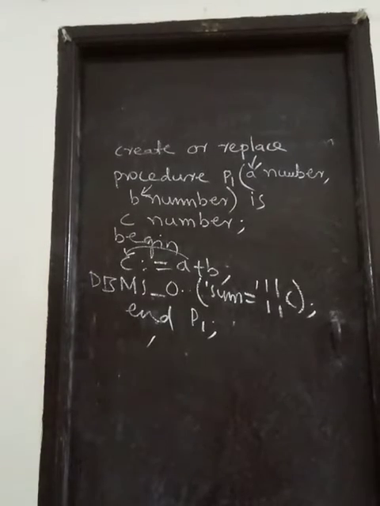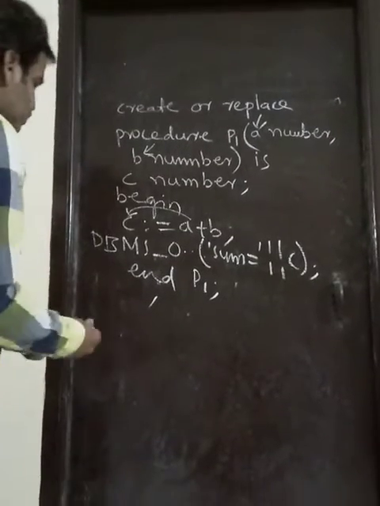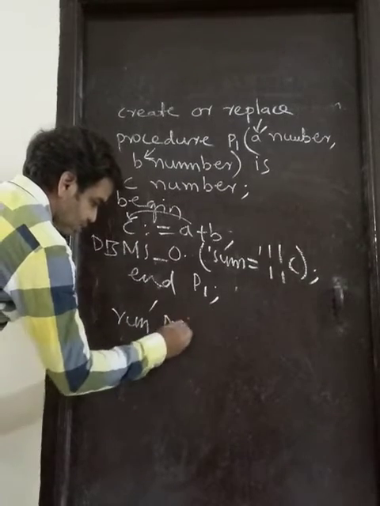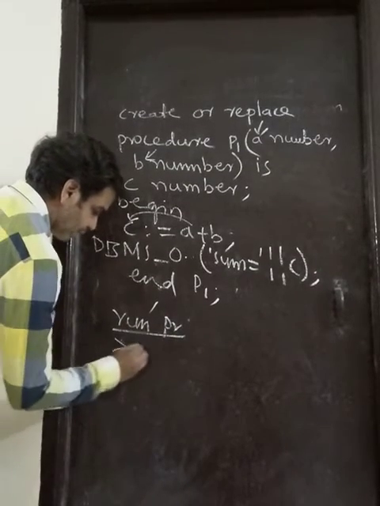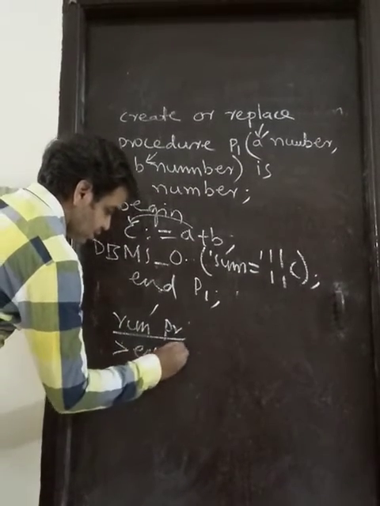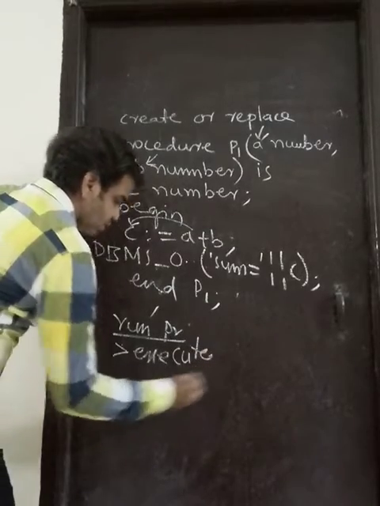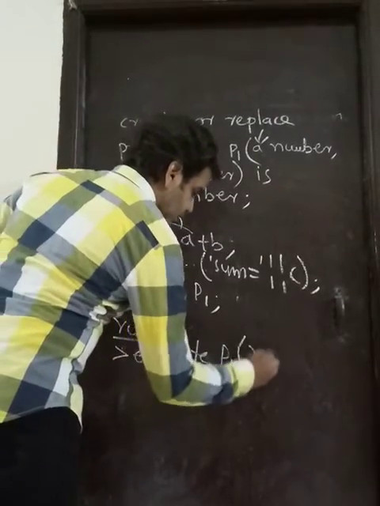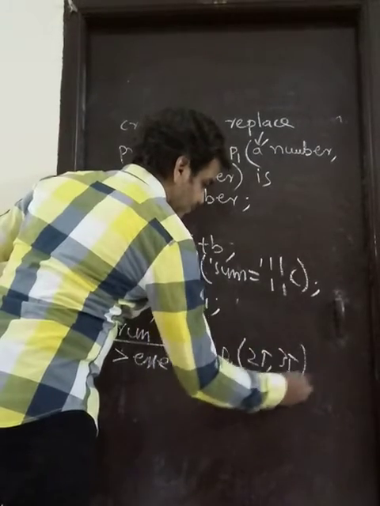Okay, so see here, and to run this procedure we are using the execute command. Execute P1(25, 35).